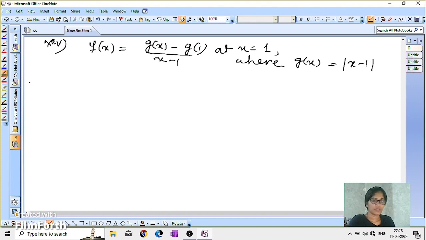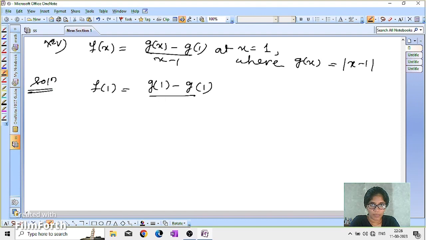This is the question, so for the solution we first find f of 1, which means modulus of g of 1 minus g of 1 by 1 minus 1, which equals 0 by 0. That means the function value does not exist.